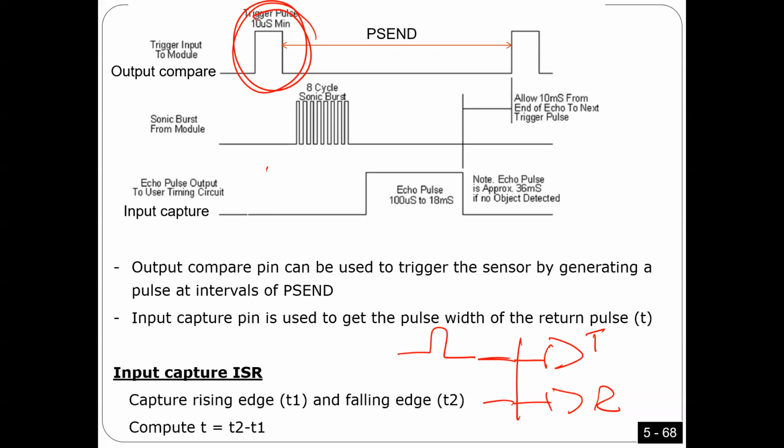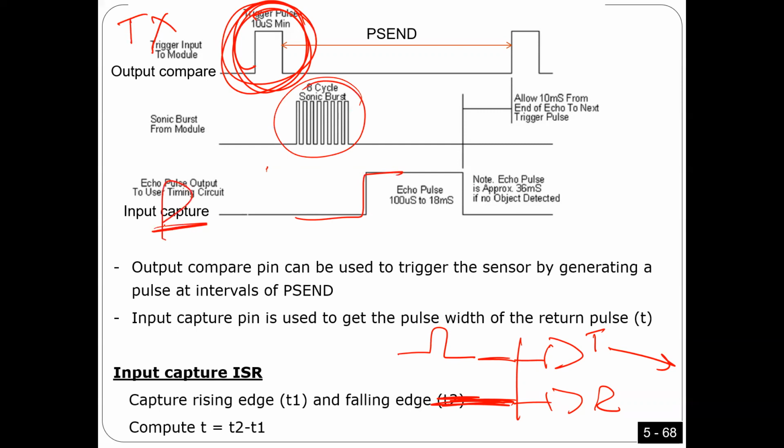You are telling the transmitter, please send the signal. Once the transmitter sends the signal, this pin becomes high. So it's going to transmit a sound.